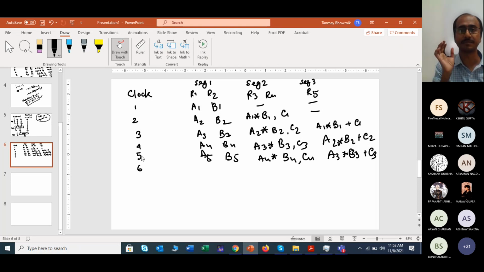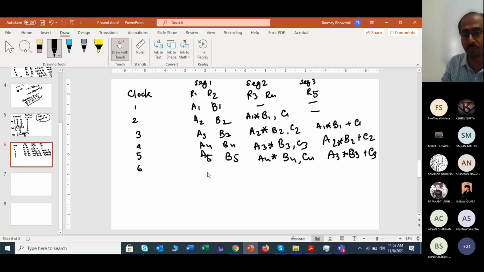Any guess? The question is, you have to identify how many total clock pulses will be required to complete all the 7 tasks. All the 7 tasks means the final result you will have is A7 multiplied by B7 plus C7. How many clock pulses will be required?